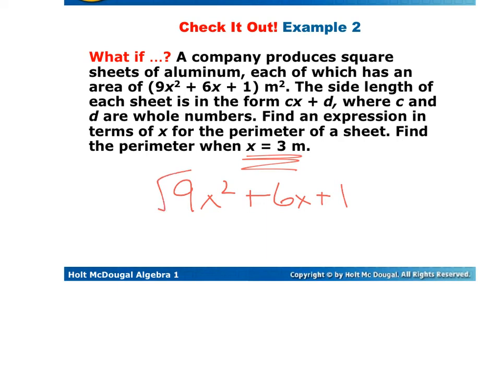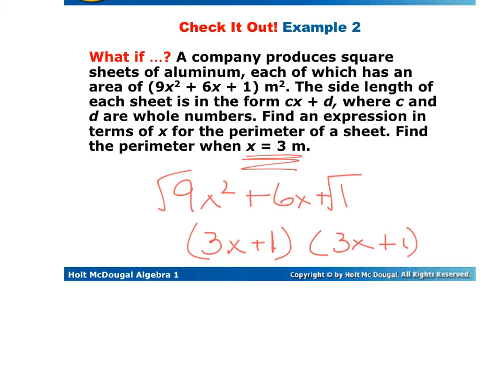So if you square root 9, and square root 1, we get 3, and the middle sign was plus. So 3x plus the square root of 1, which is 1. And then if I write it again, these are going to be the sides of my aluminum sheet.